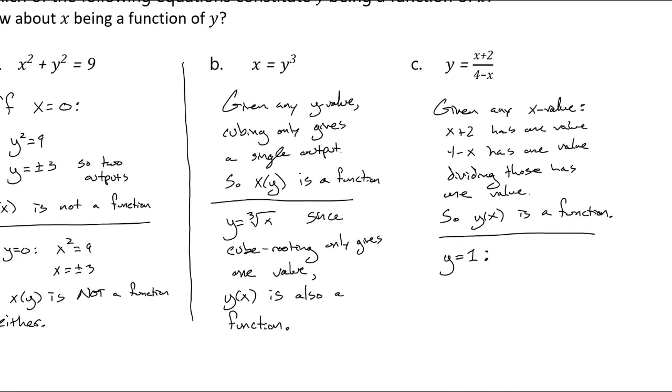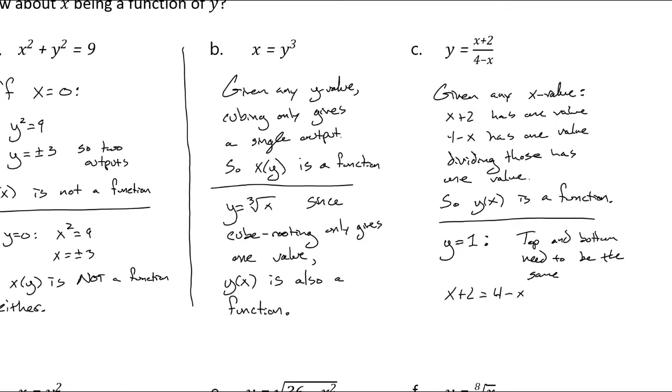If y equals 1, then I need the top and the bottom to both be 1. The top and bottom need to be the same. So we'd need x plus 2 to equal 4 minus x, right, for y to equal 1, so that the division would have just a single number.